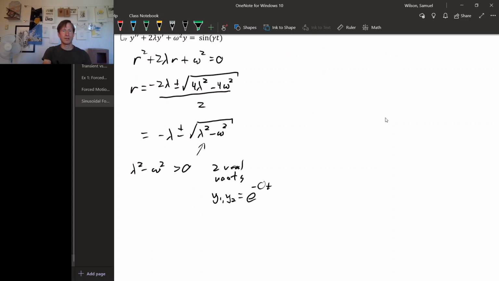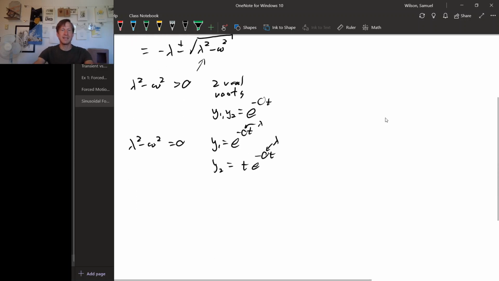If lambda squared minus omega squared is equal to 0, then your 2 solutions are going to look like e to some negative coefficient times t, and t times e to that negative coefficient times t. We can actually write down what that coefficient is. It's lambda.